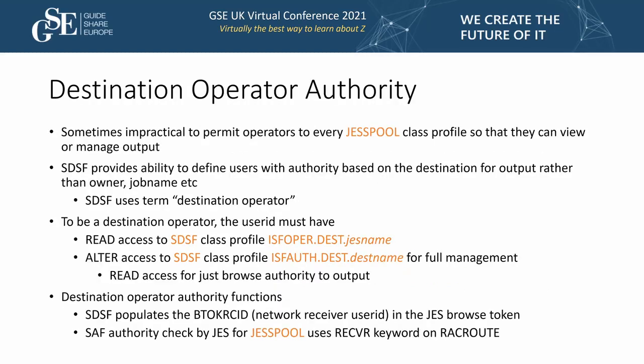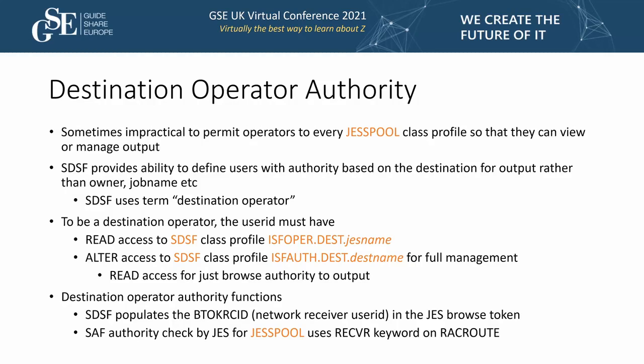Destination operator authority. Okay, so this goes back many, many years, and it was deemed that it's very impractical sometimes, depending on your circumstances, to have to permit your operations staff or systems programming staff to every JES spool class profile so they can view or, more normally, manage the output.